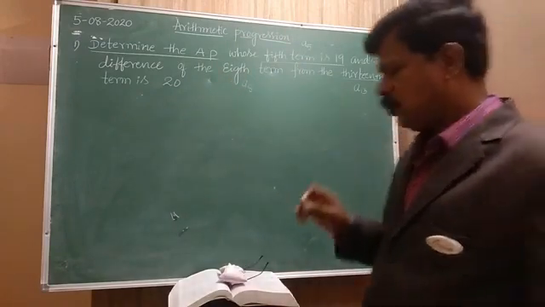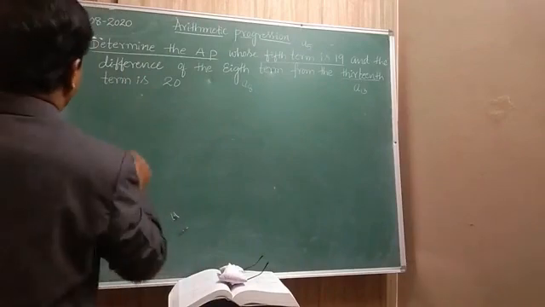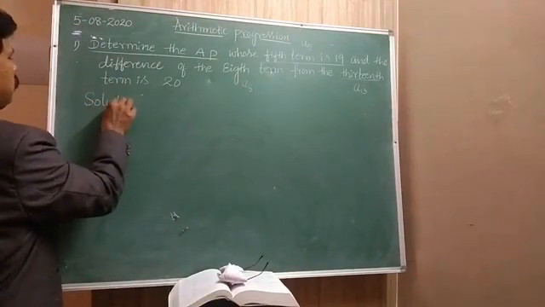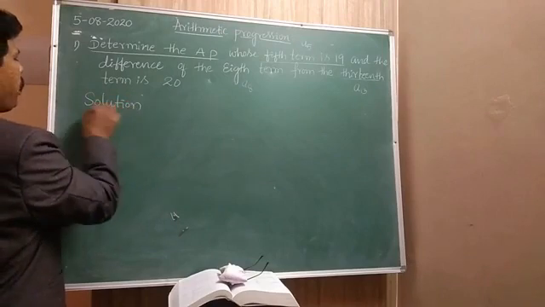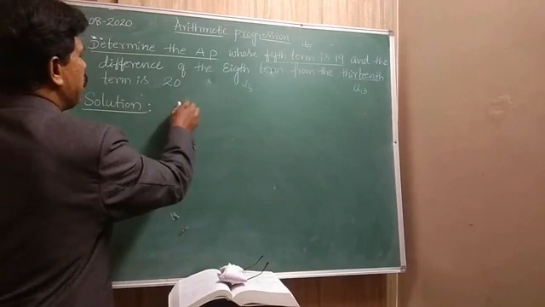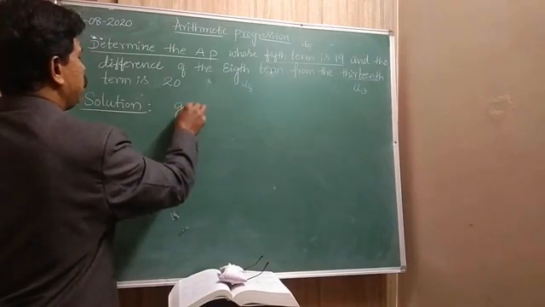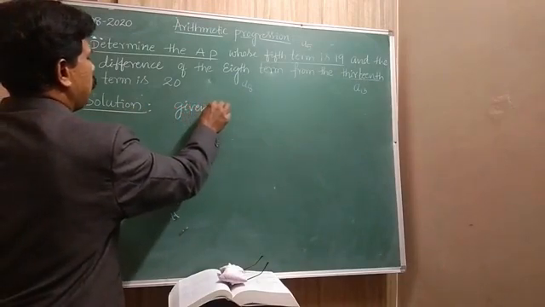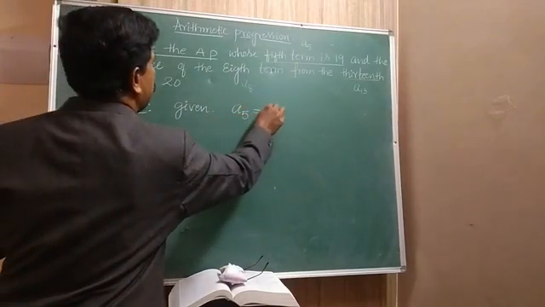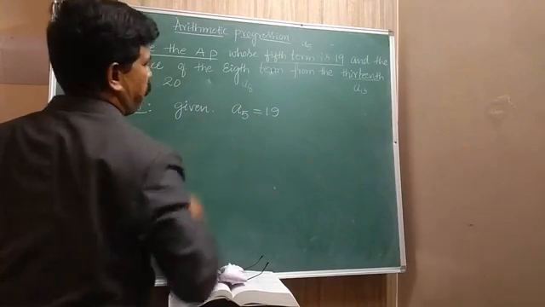So, solution, how to solve this? First, write down the given. Given is what? A5, the fifth term, is 19.